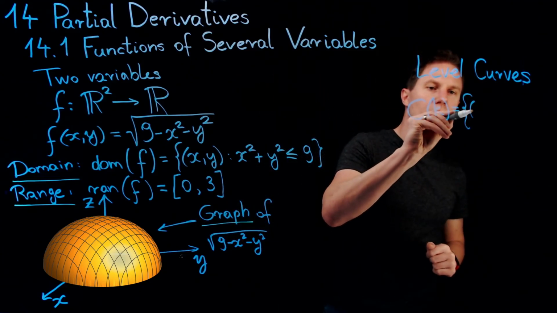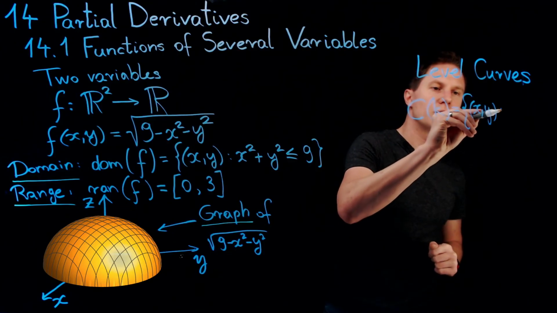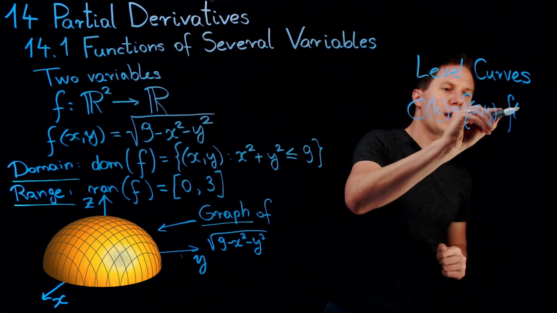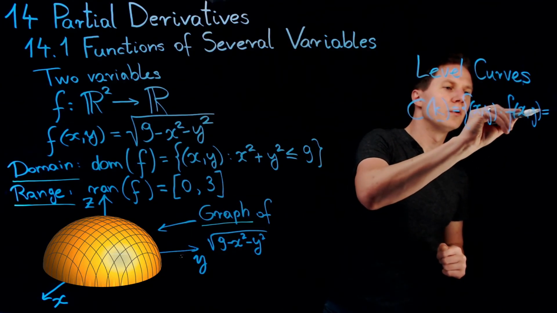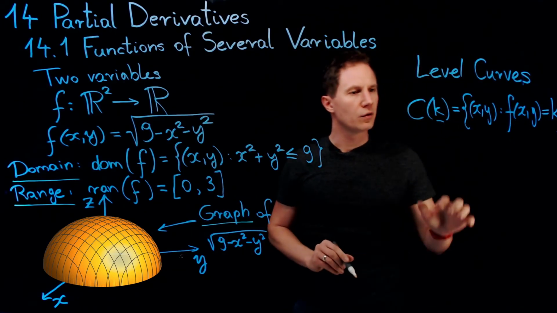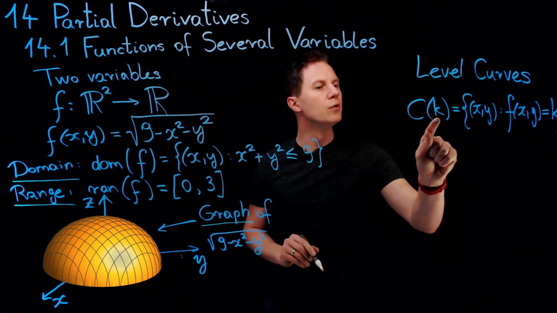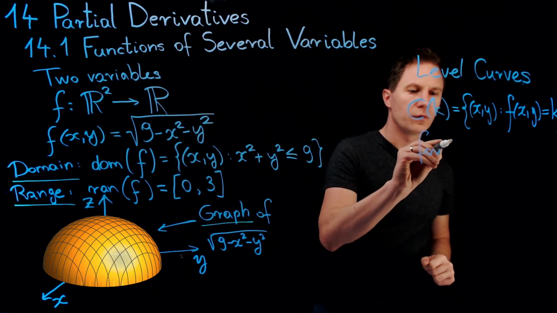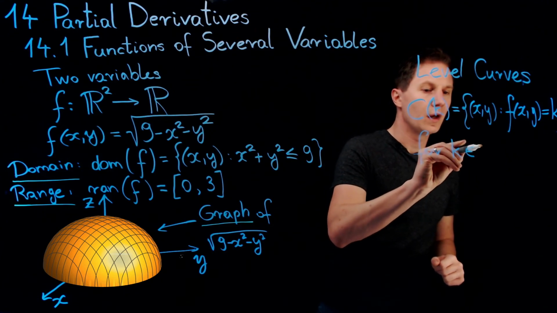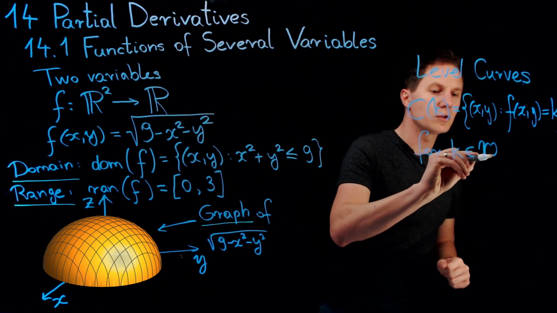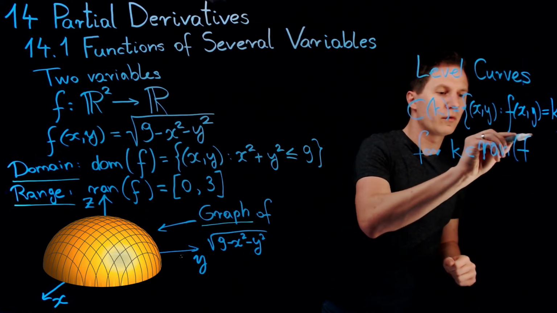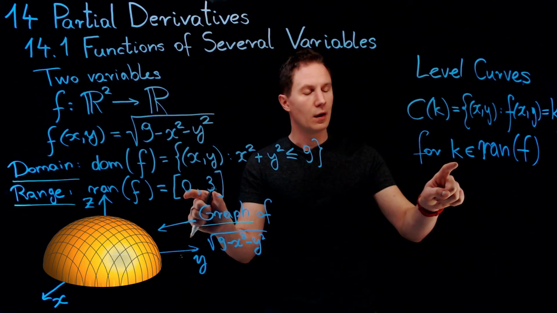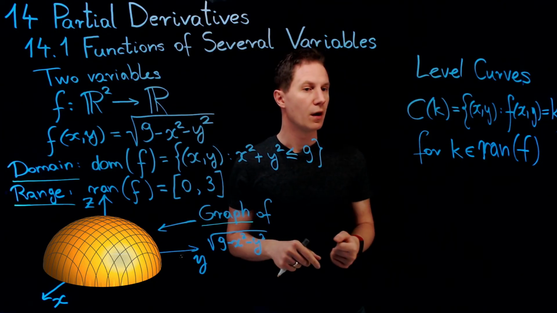It consists of those xy pairs, for a fixed value of k, for which f of x and y is equal to k. Okay, so that's the level curve corresponding to the value k, and this can be considered for all k from the range of the function f. In this example, for all numbers between 0 and 3.